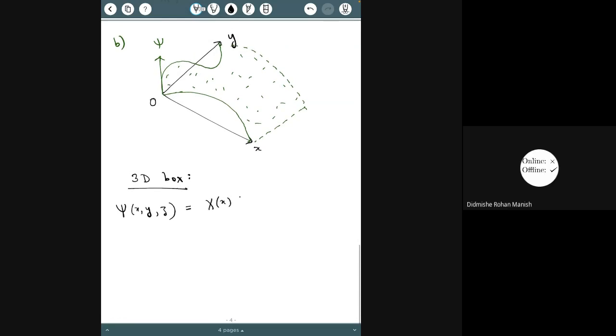Ma'am, what will be the general wave function psi(x, y, t) in case of the 2D box? I mean, for any general psi. So you will have only one phase factor, because the phase factor depends only on the energy, and for every psi(x, y) you have only one energy.